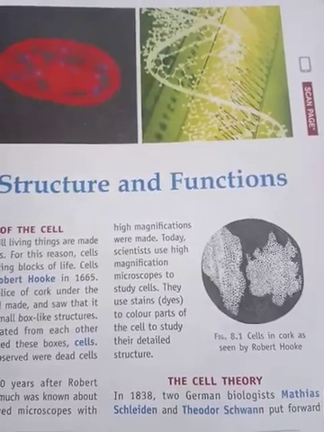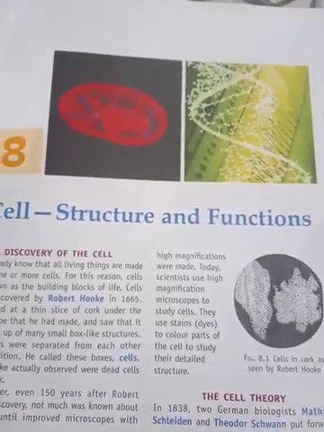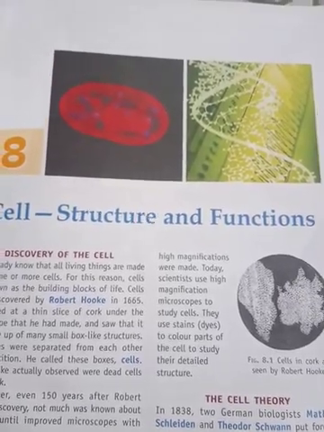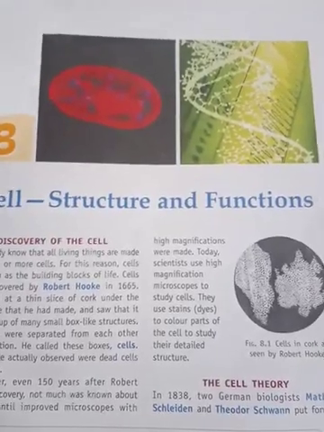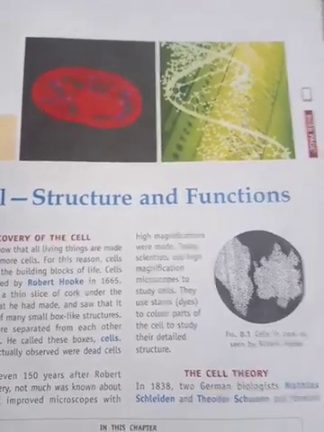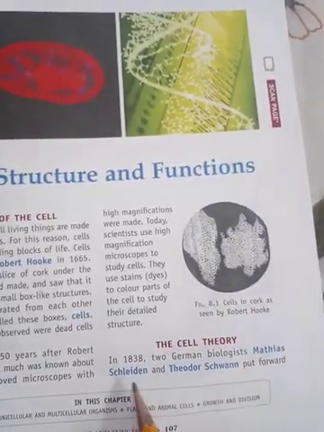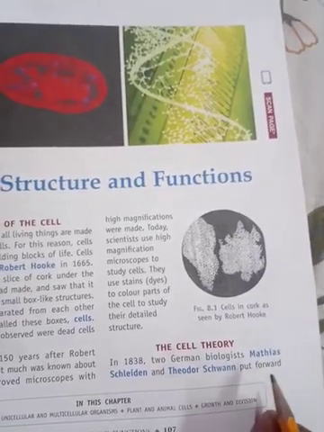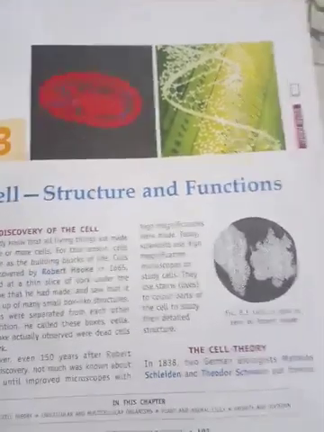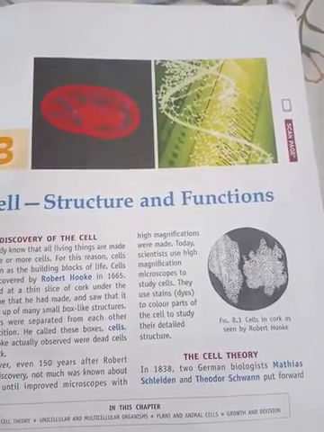In 1838, a German scientist, Schleiden, suggested that all plants are made up of cells. A year later, another German scientist, Schwann, suggested that all animals are made up of cells. We should know that Matthias Schleiden investigated plant cells and Theodor Schwann investigated animal cells, and these observations led to a general cell theory of organisms.